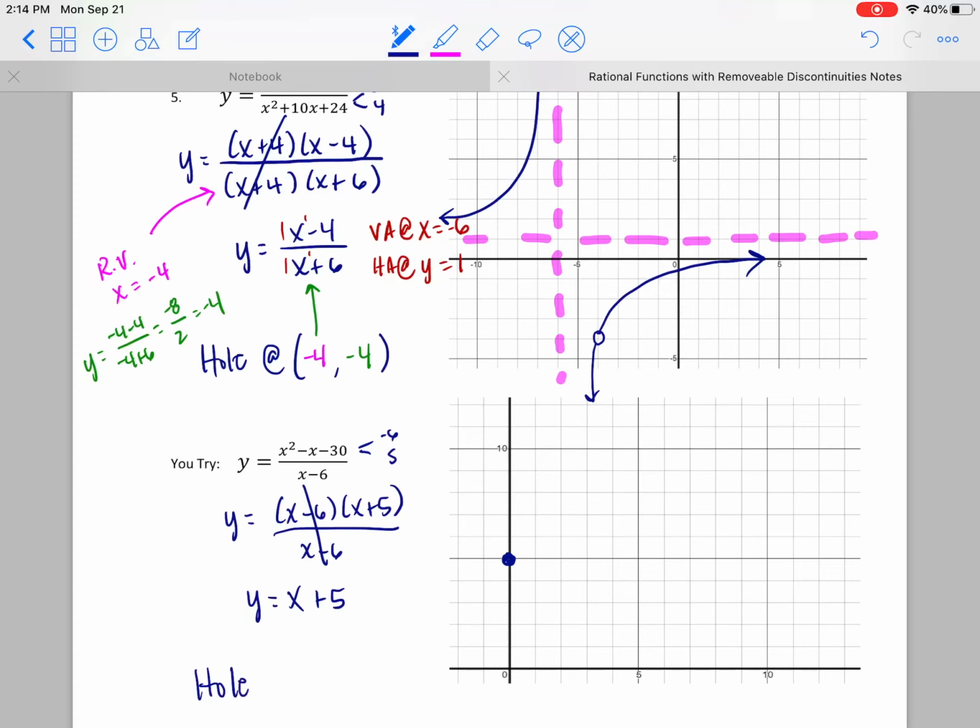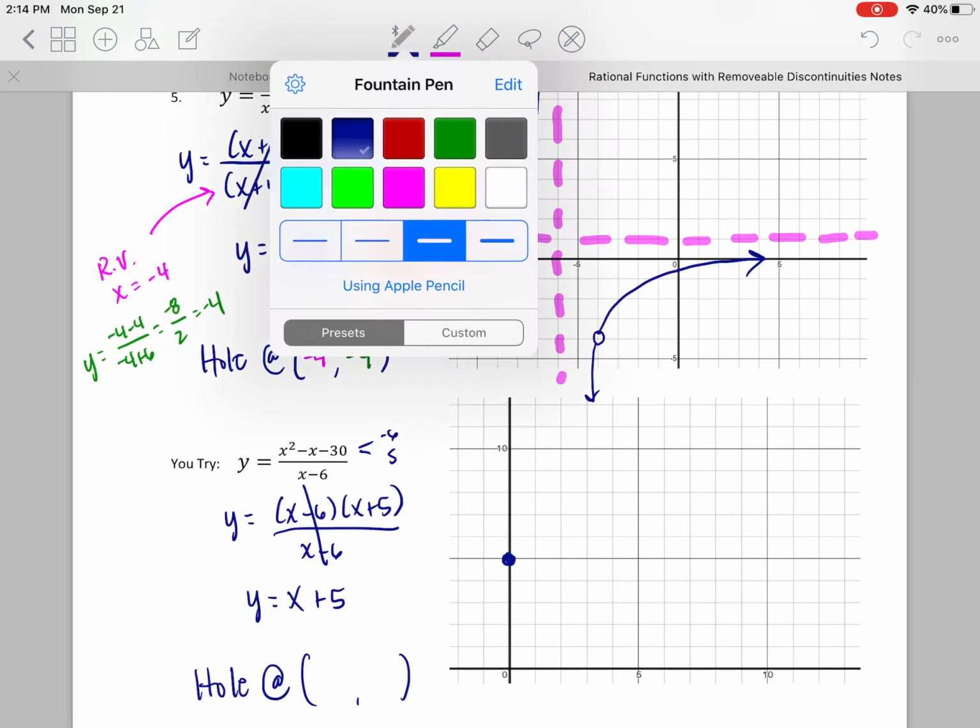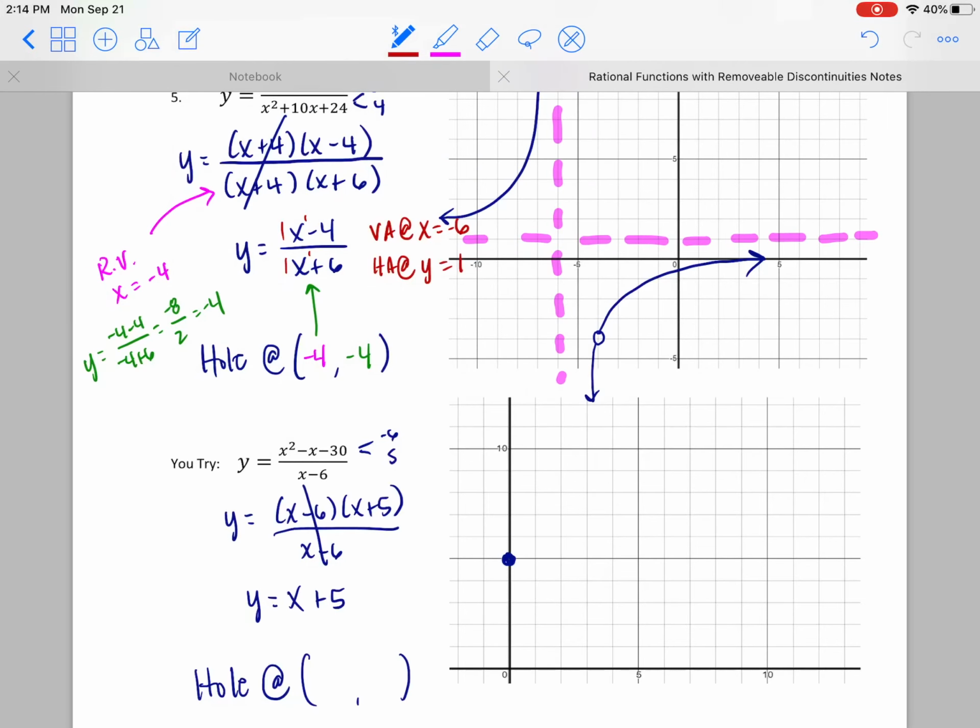Okay, so there's going to be a hole in this graph at, where are we going to be? So the x value that got restricted out is going to give me the x value for the hole. So here I had a restricted value of x equals +6 that got reduced out.